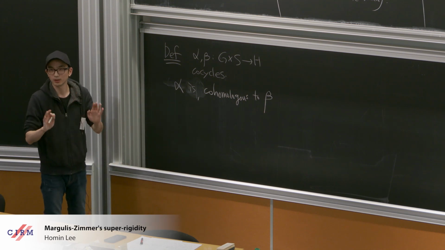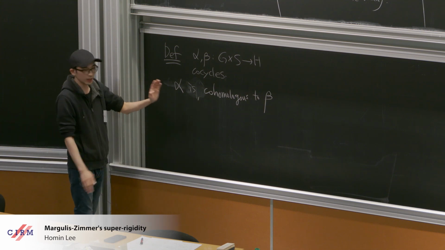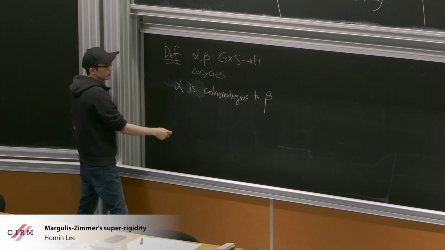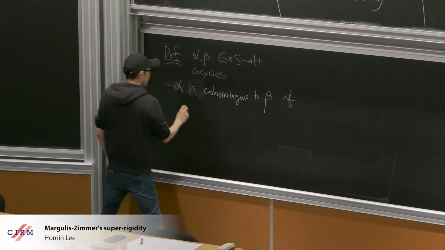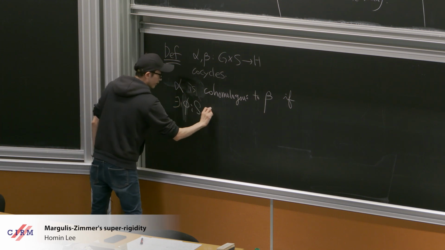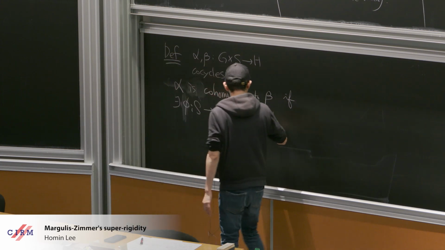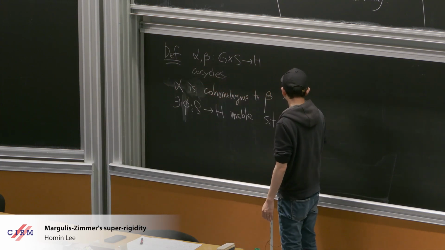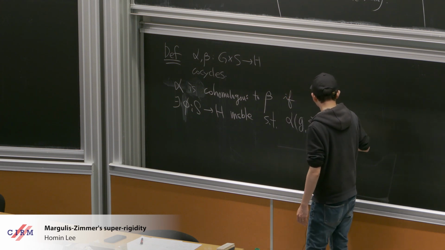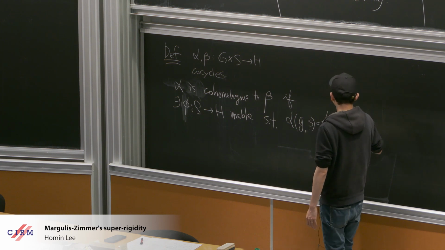everything is in the measurable category. So I will not care about the topology or geometry right now. I only care about the measurable structure. So alpha is measurably cohomologous to beta if there exists a measurable map phi such that alpha of g, s is the same as phi of g dot s, inverse, with beta of g, s, and phi of s.